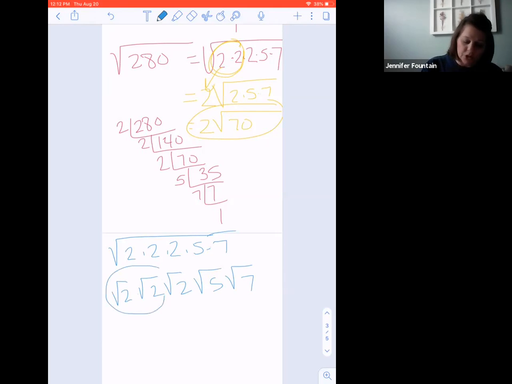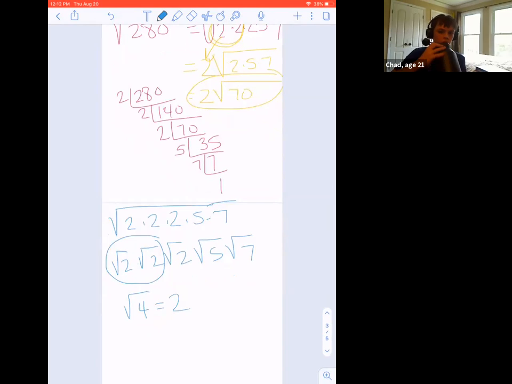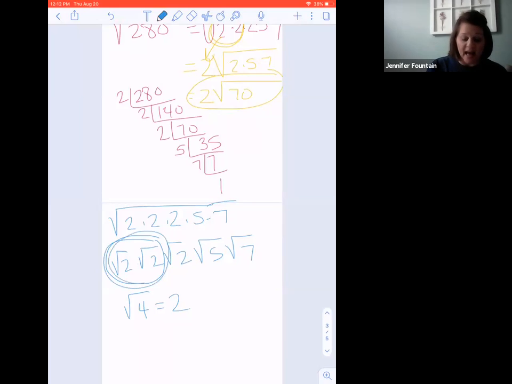The square root of 2 times the square root of 2 is the square root of 4, right? What is the square root of 4? 2. So do you see how really here I have the square root of 2 and the square root of 2? So I've got 2 2's here, which is the same as the square root of 4.